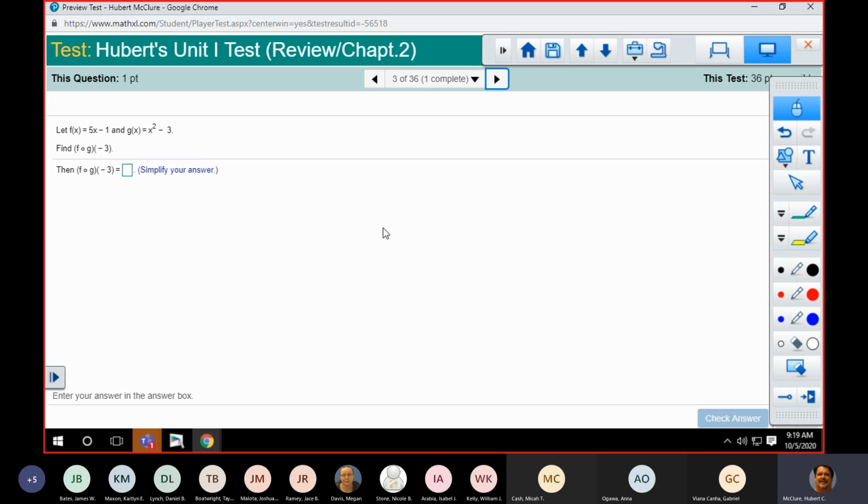Okay, do this one. F composed of g, and then plug in -3. Go ahead and do that one. I'm going to let you do it, and then we'll do it together. Some of the easier, shorter ones I'm going to do with you.